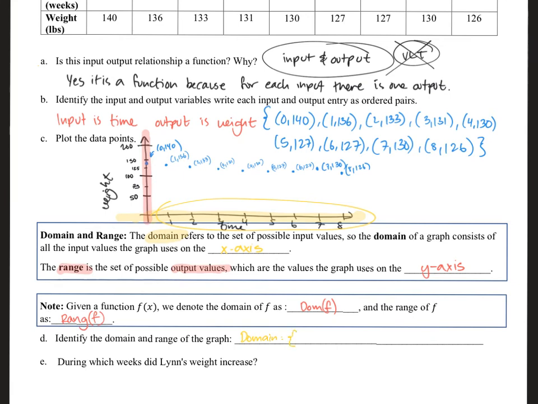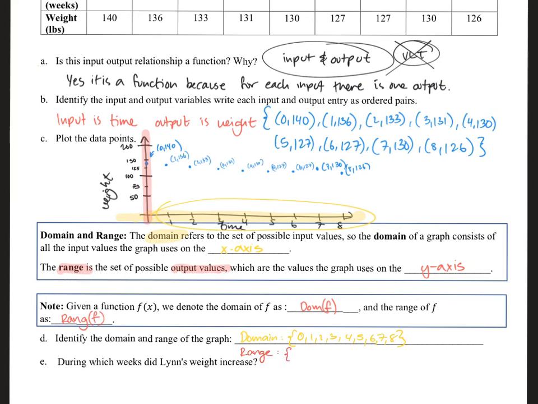Remember, we aren't writing dom f because we weren't given a function, we were just given a table. So the domain is the x values we have. That's the domain.